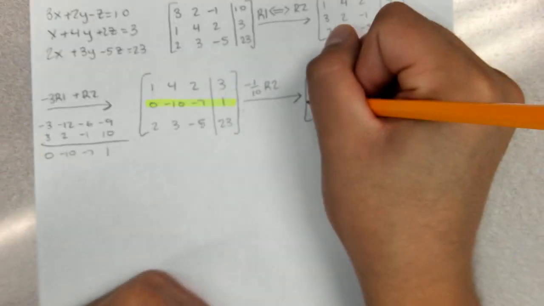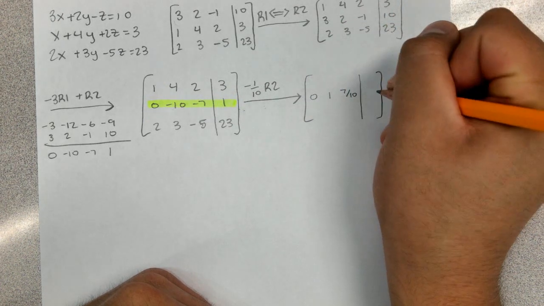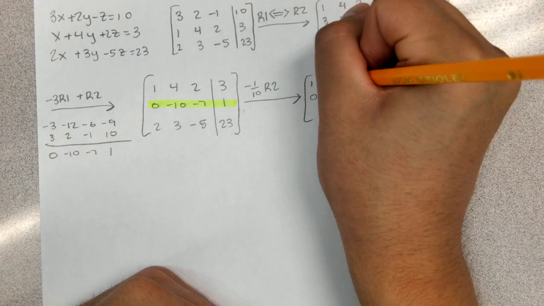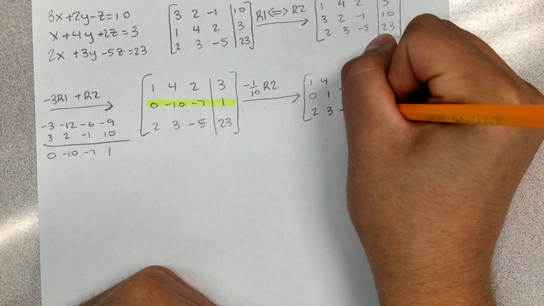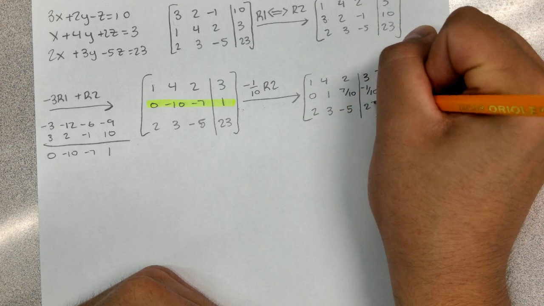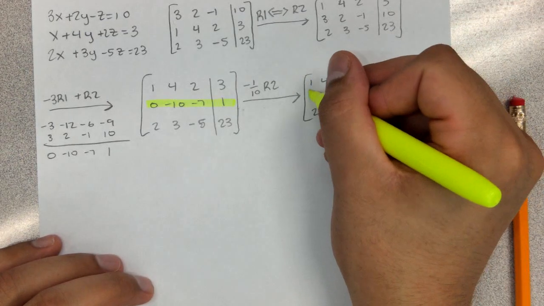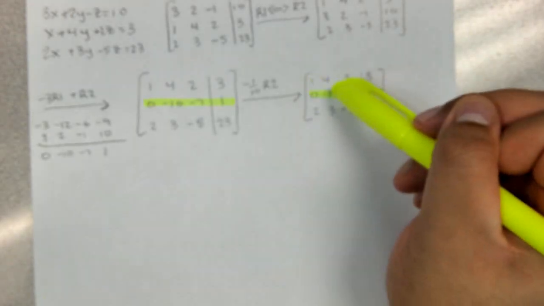So our new second row becomes 0, 1, 7 over 10, negative 1 over 10. And then the first and last row stay the same. Alright, so we got steps 1, 2, and 3.